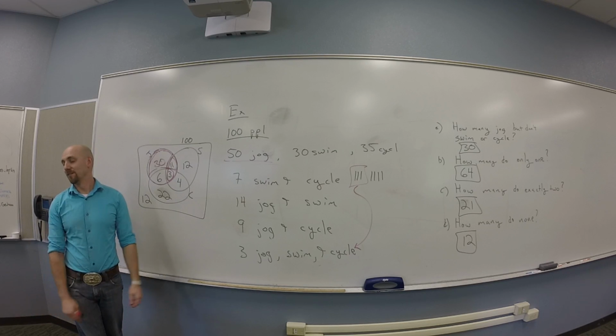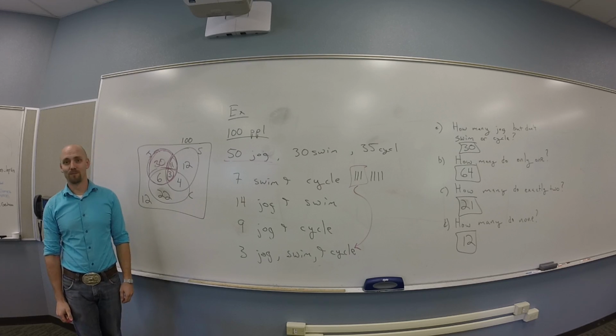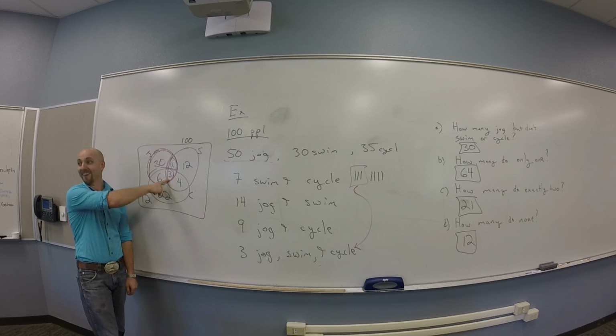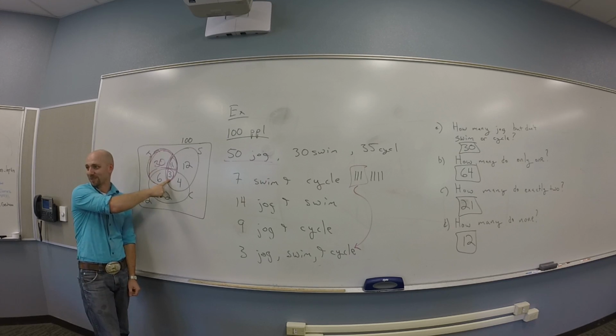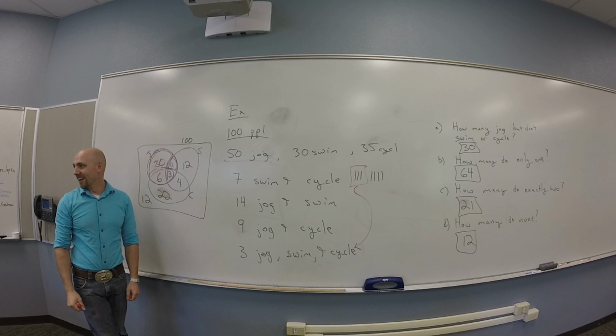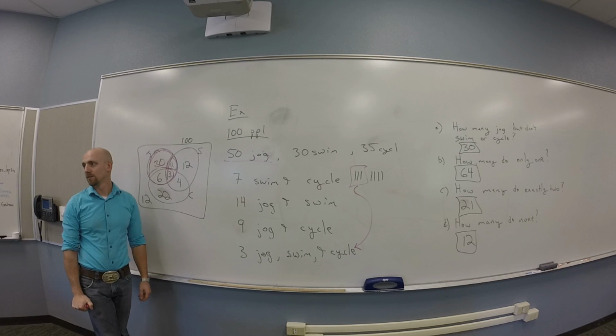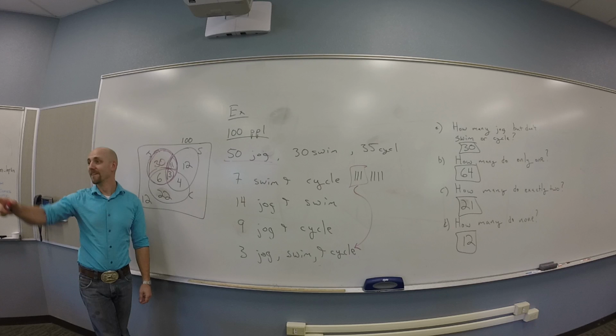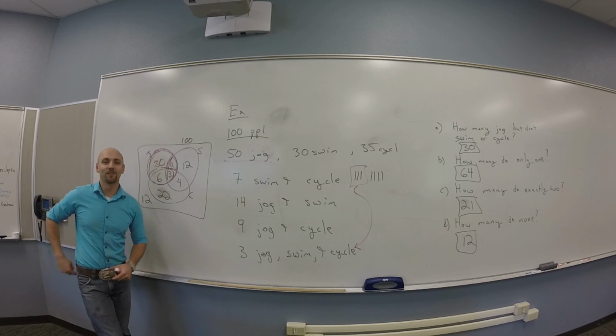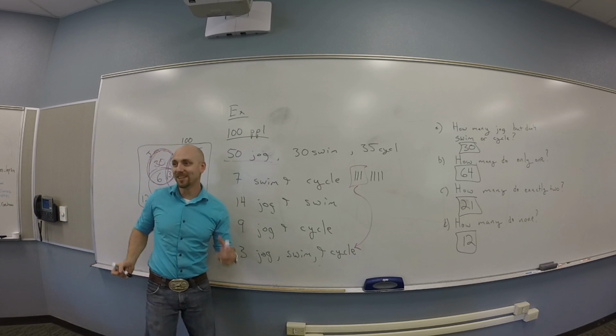If I survey 100 people at a triathlon, my guess is that most of them are going to be in here, because they're at a triathlon, so they're going to have to do all 3. And then there's going to be the people who don't do anything because they're support. If you just surveyed 100 people in the actual triathlon, you shouldn't have any in the none region.